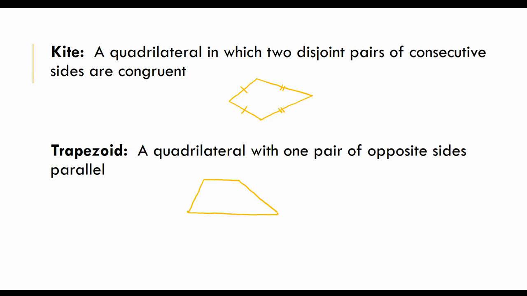But in the definition, it says 1 pair of opposite sides are parallel. So hopefully we notice that in this case, it would be the top and the bottom that are never going to intersect. We call those sides that are parallel the bases. So anytime you hear the word base when we're talking about a trapezoid, it means the sides that are parallel.